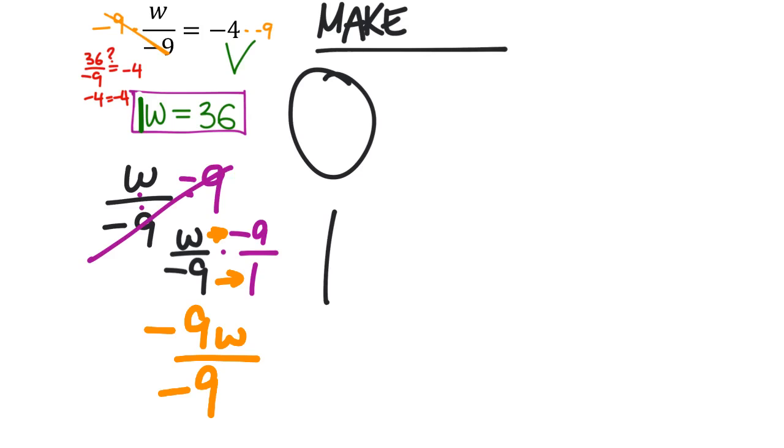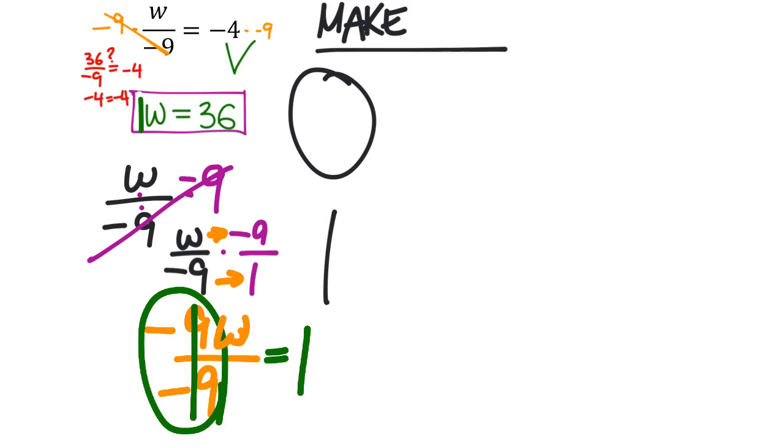Well, what do we see here? Let me use a different color. What do we see here with this negative 9 and negative 9? It's being divided, right? And anything divided by itself makes that a 1. Now, we still got that w. And that's why that becomes a 1w.